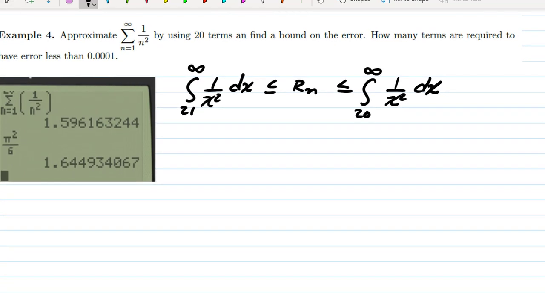So our antiderivative of 1 over x squared is still negative 1 over x, and we evaluate that from 21 to infinity.